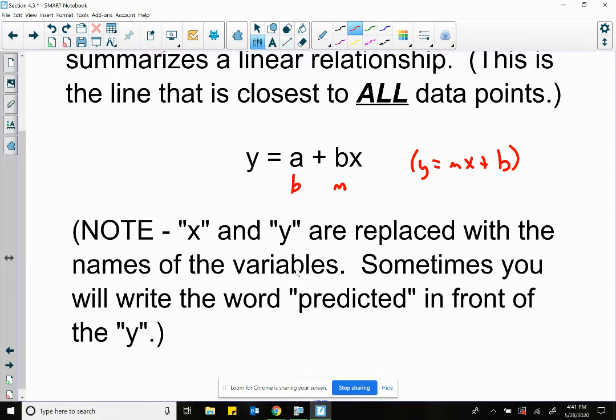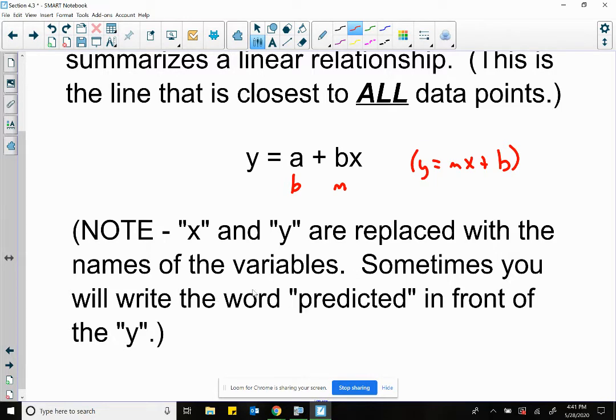Like when we were in 4.2 and we did at the very end people and trash, the way that we would put this in here is we would say trash equals whatever this number is, times people. We replace those with the variable names. We do not use X and Y.